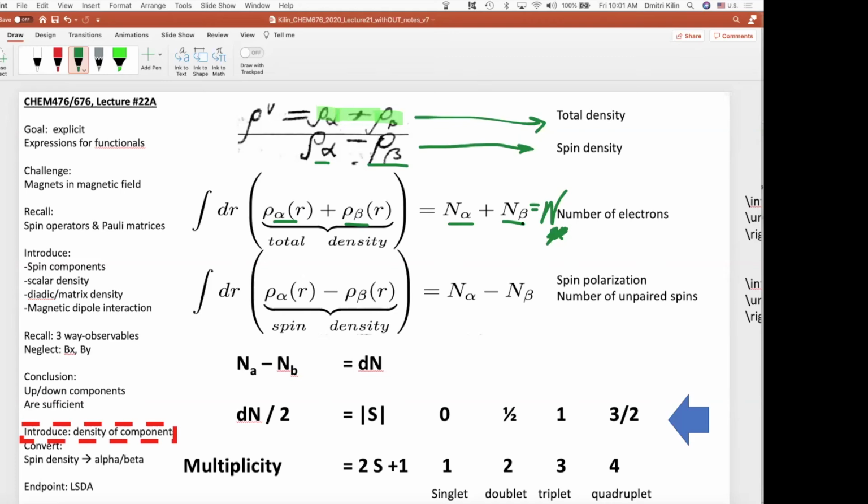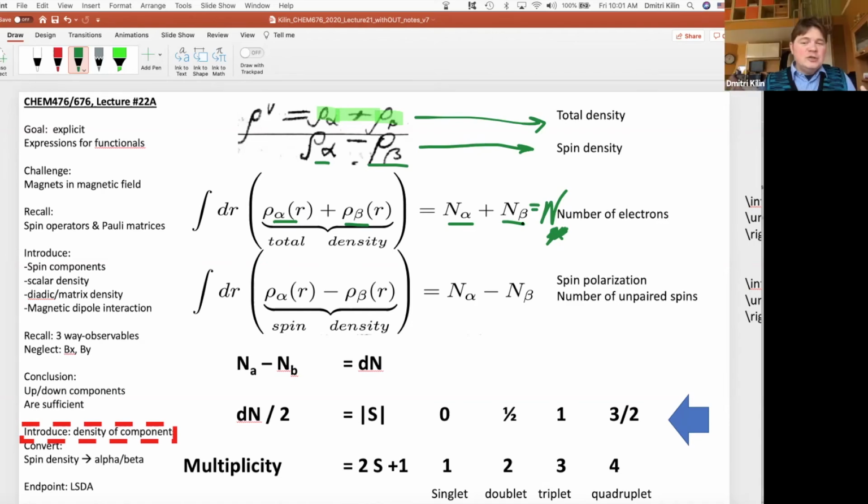Then obviously plus the total number of electrons of beta. Adding together the number of electrons alpha and beta gives the total number of electrons. Subtracting can be either zero or non-zero depending on whether it is magnetic. So delta n, or n up down.